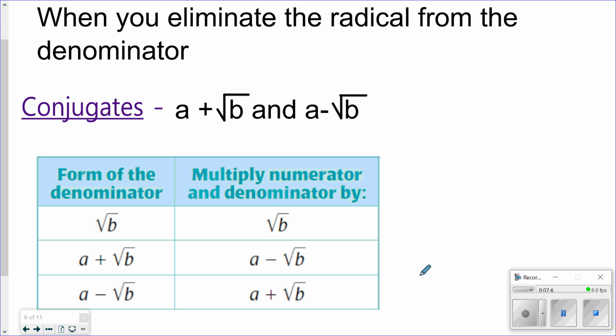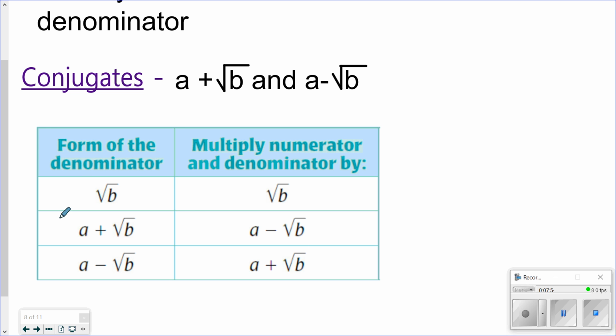So for our first example here, I have a plus the square root of b. If I had a plus the square root of b, the conjugate, or opposite, would be a minus the square root of b. So in this table here, we see what we would use depending on our denominator. If our denominator is just a radical, we're going to multiply our expression by that same radical.